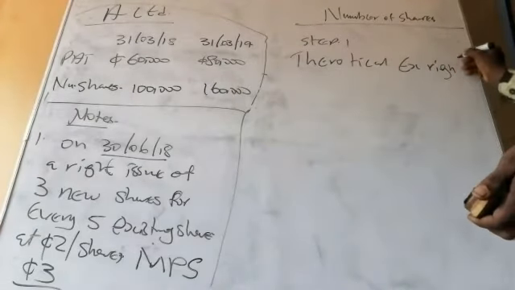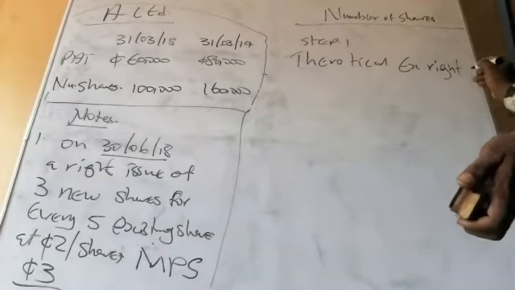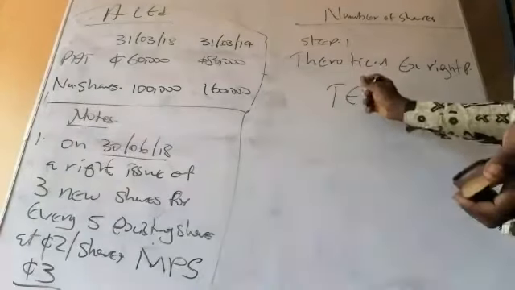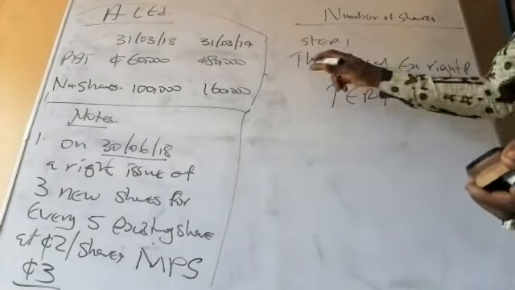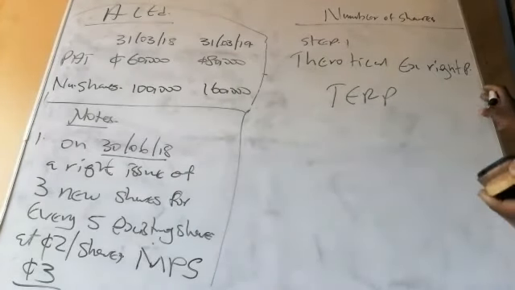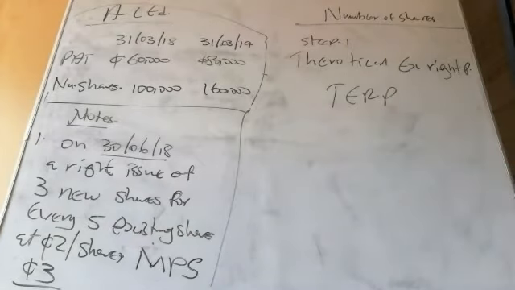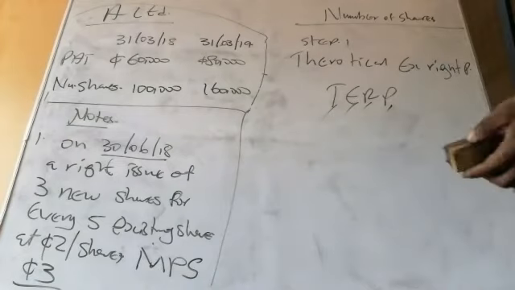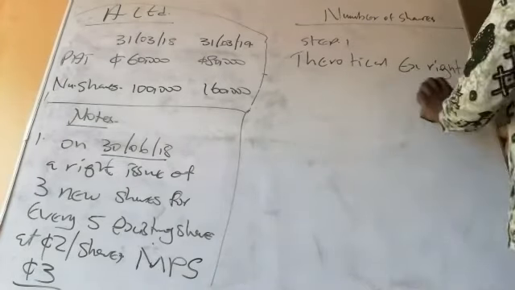In short, we call it TEP. Theoretical X right price. So that's the TEP. There you are done. So that is step one.